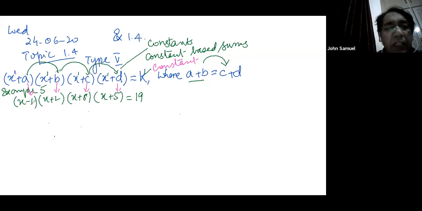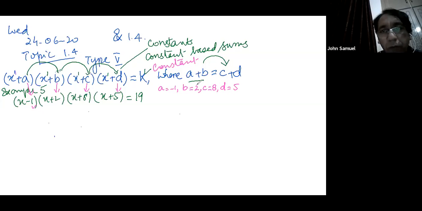If we take the first 2 constants, let me suppose here, A is equal to minus 1, B is equal to 2, C is equal to 8, and D is equal to 5.